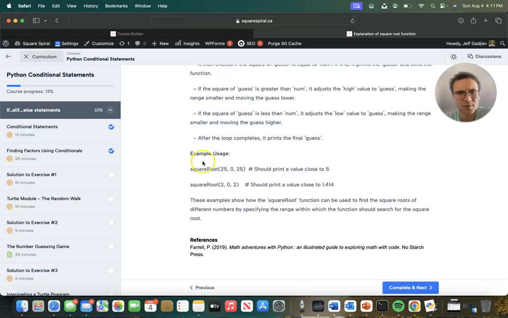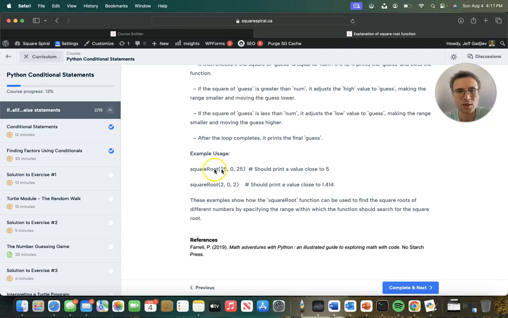So here we have an example. So the square root of 25. So let's say we have two numbers here, 0 and 25. So this should print 5 exactly. Now this is an exact square root, right?